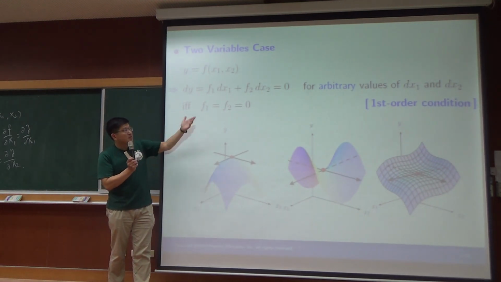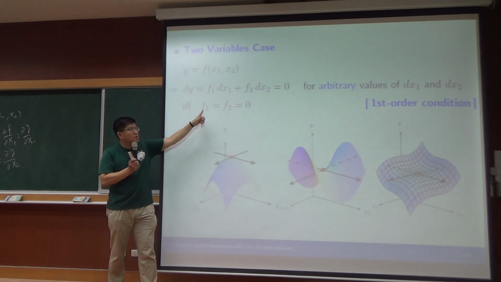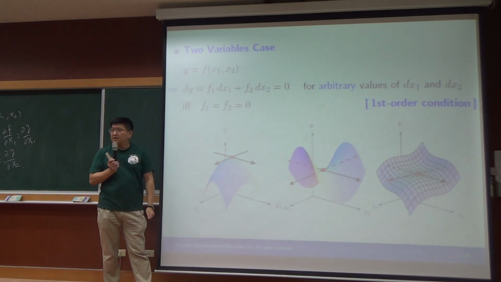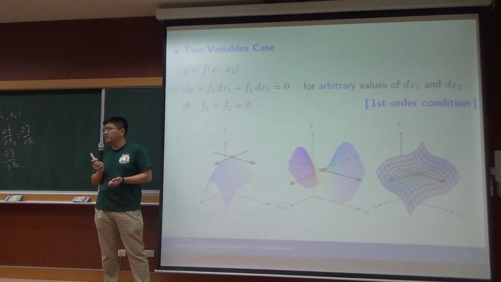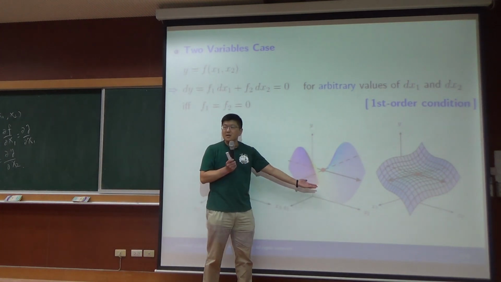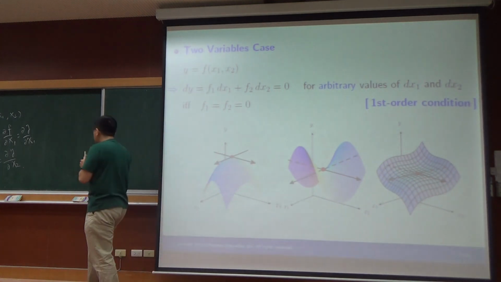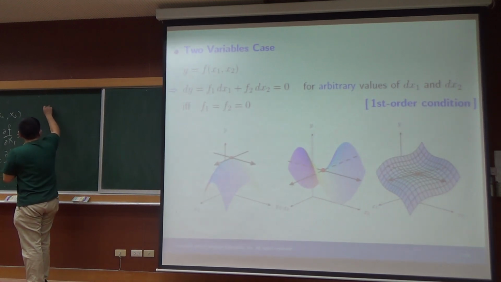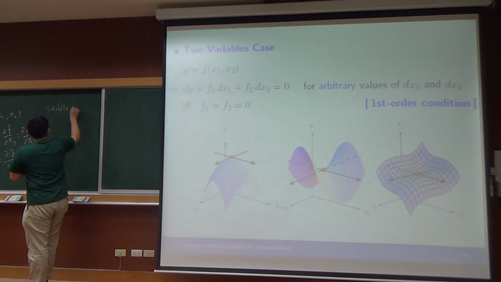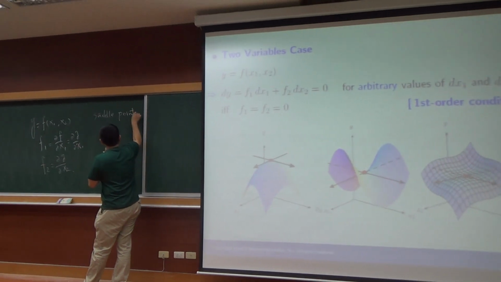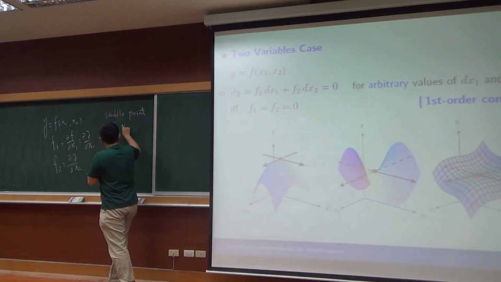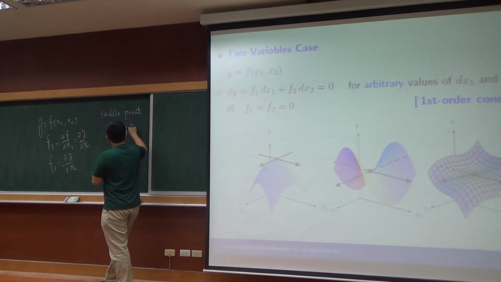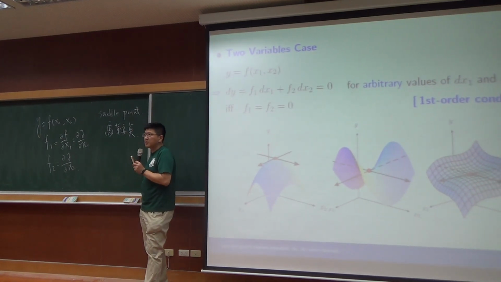But these two first order conditions do not necessarily lead to this one, right? Because there are other possibilities like this. We call this a saddle point. Okay, saddle point.